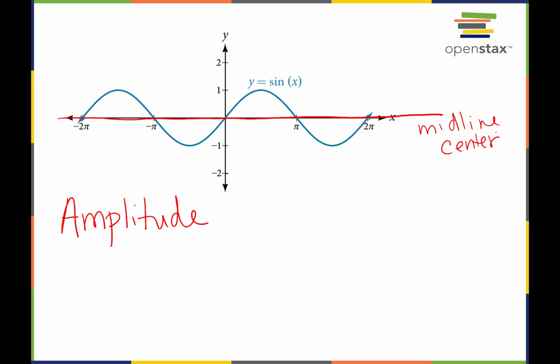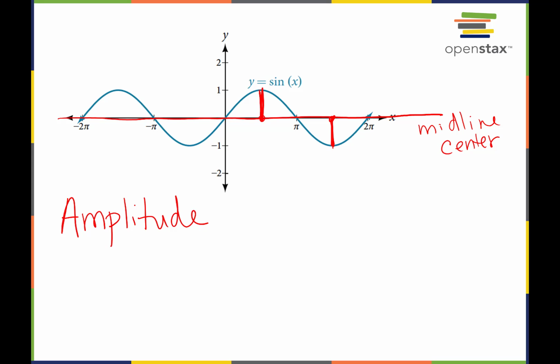If I come out from the midline or from the center up to the maximum point or to the minimum point, the length of that line is my amplitude. So the length of this line or the length of this line is my amplitude. So in this case, with the mother function of sine, my amplitude is going to be 1.